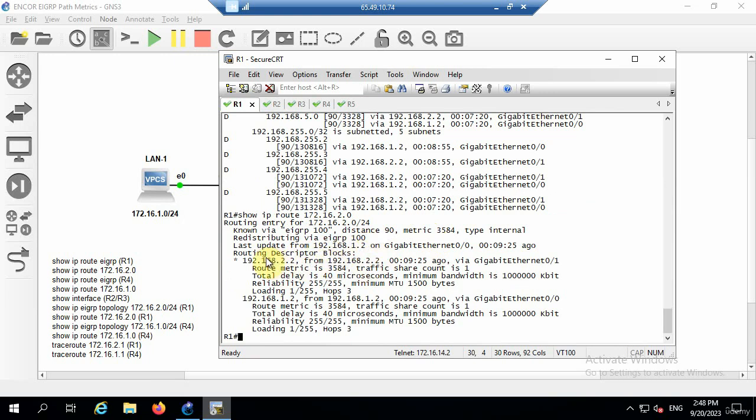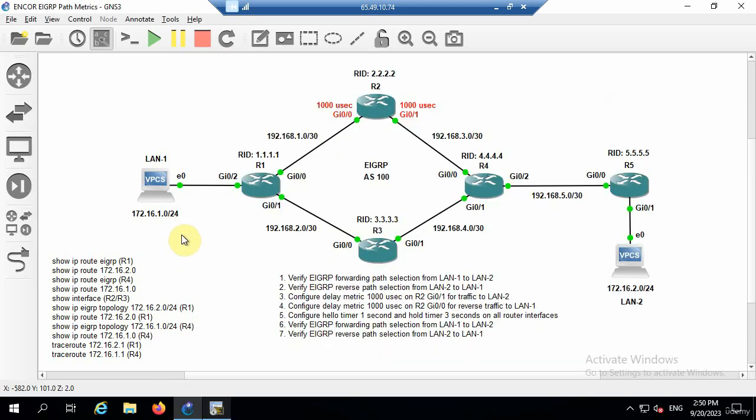It's got two route descriptor blocks, 192.168.2.2 and so on. With this command, it'll have a star next to one. When I say load balancing, it actually doesn't load balance. The default is per destination load balancing. So if I have a destination between LAN 1 and LAN 2 and leave everything at default, R1 will select a specific path, even though there are two available.